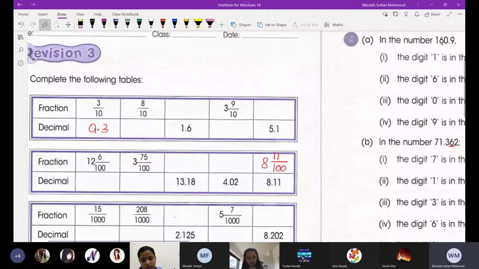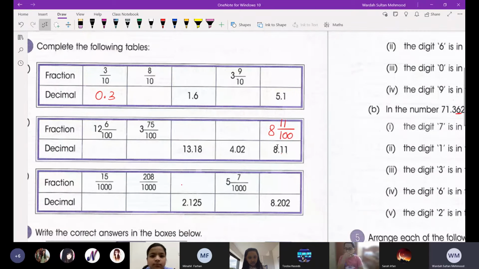If there is a whole, for example here, 3 is the whole, so you would write 3 in the wholes place. Now, for the conversion from decimal to fraction, here again you have to see: if there is no whole, you would not write anything. Now here we have a whole, it's 8, so you would write 8 in the wholes place. And then it says 11.